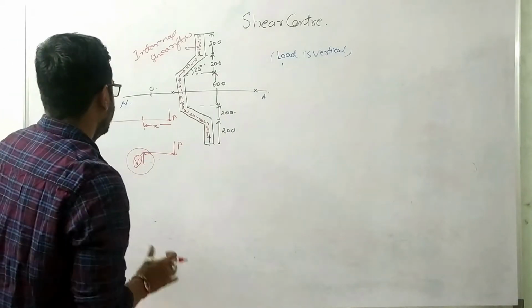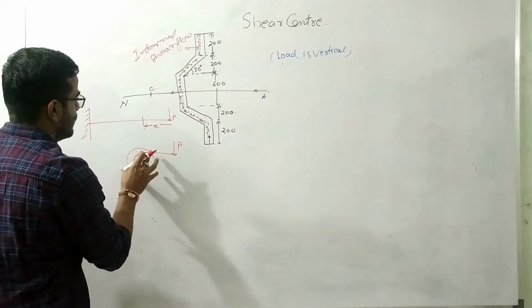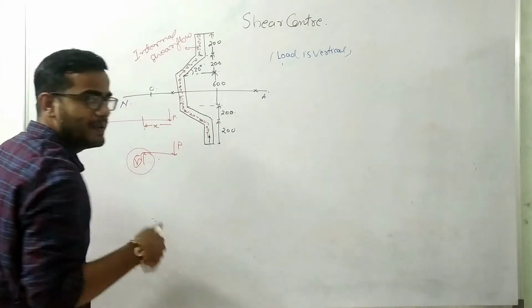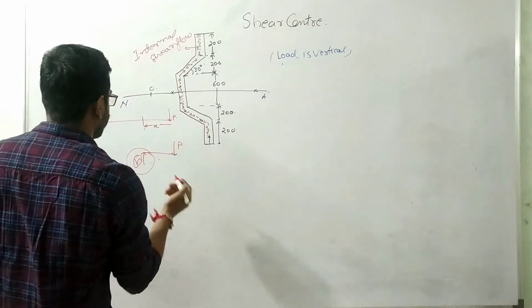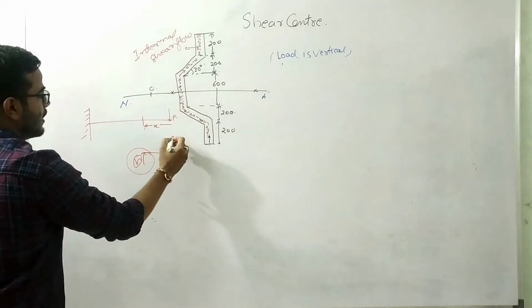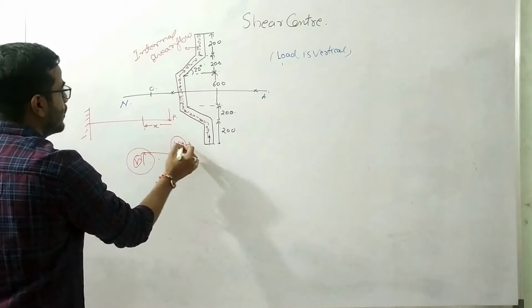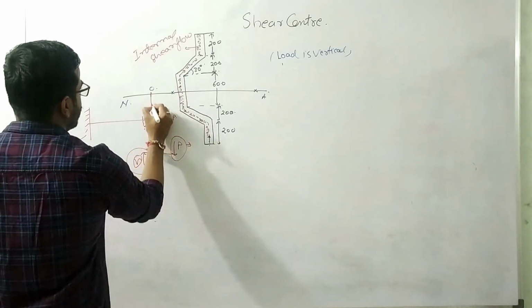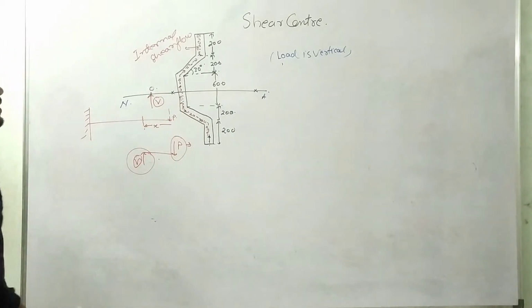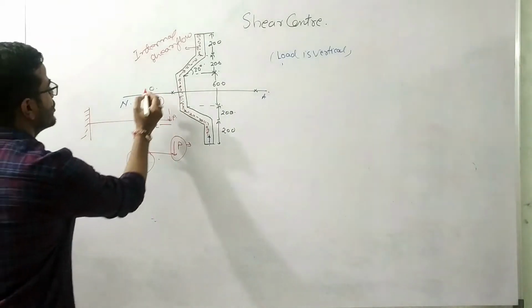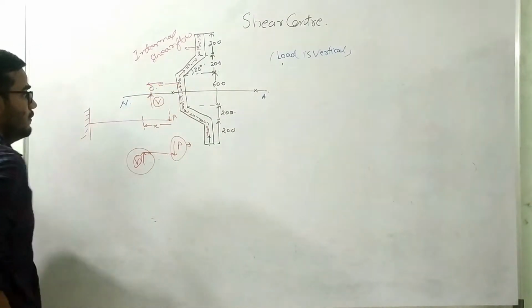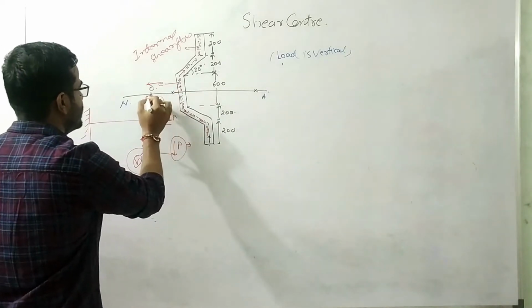The resultant of this shear flow will act at a point that will be our shear center. This thing we have already discussed. So the resultant of this internal shear, which is generated due to this external P load, let us suppose is acting at a point O. We need to locate the position of this point O, where the resultant of internal shear is acting.